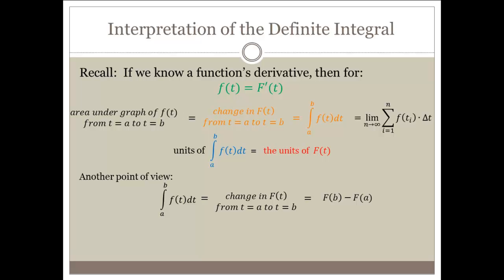So since all of these things are equal, the units of the integral are simply the units of F of b minus F of a, but those are the units of F. So we again see here that the units of our integral from a to b of little f of t dt equal the units of capital F.